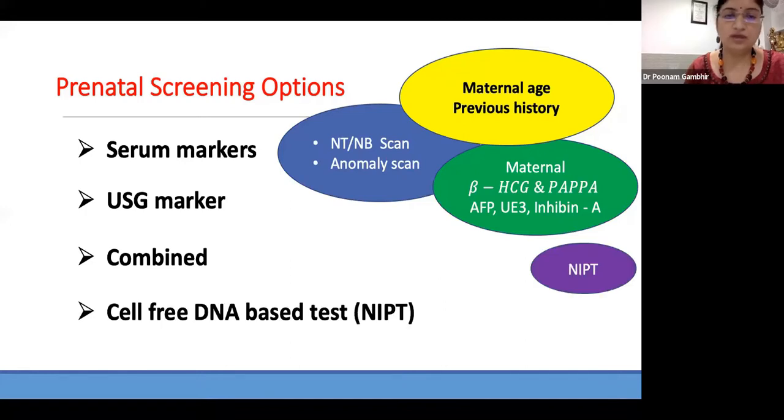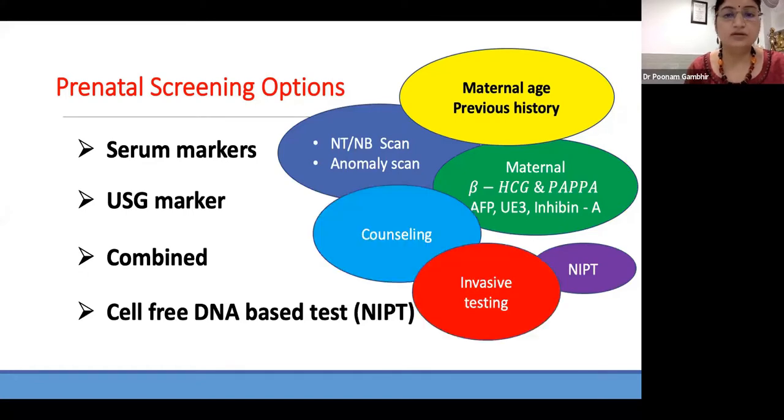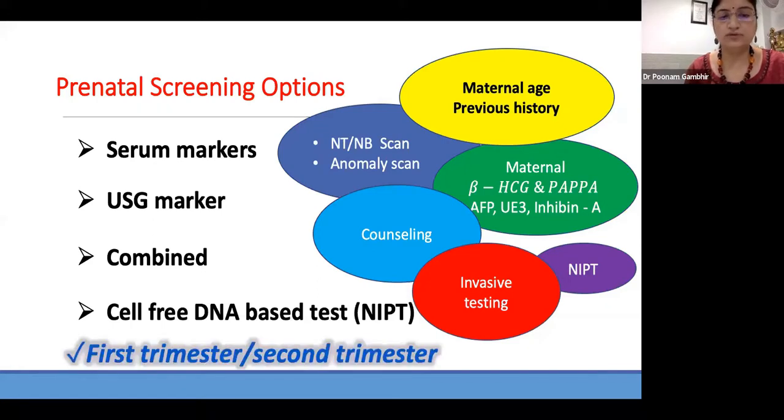Then the latest one is the cell-free DNA based test, or actually it's a screening, not a test. According to all these four options, and the background of the patient or past obstetric history, we do the further counseling and accordingly the invasive testing. All these options can be applied in the first trimester as well as in the second trimester.